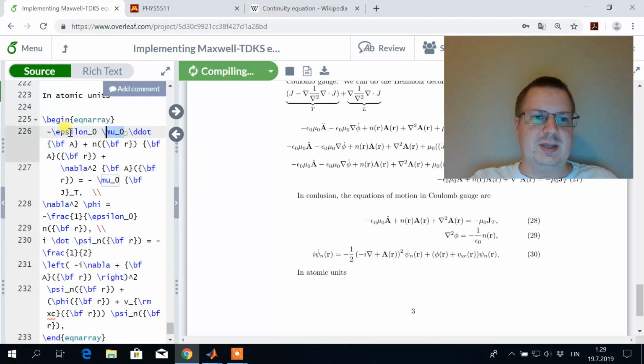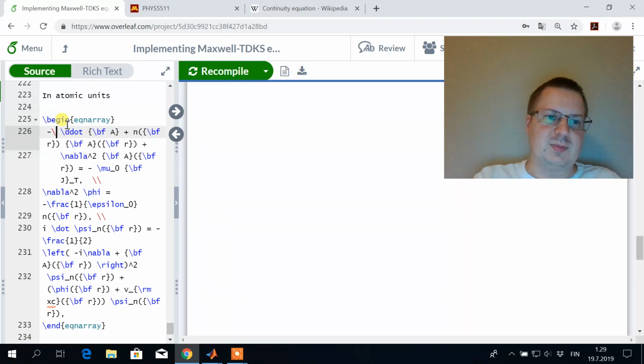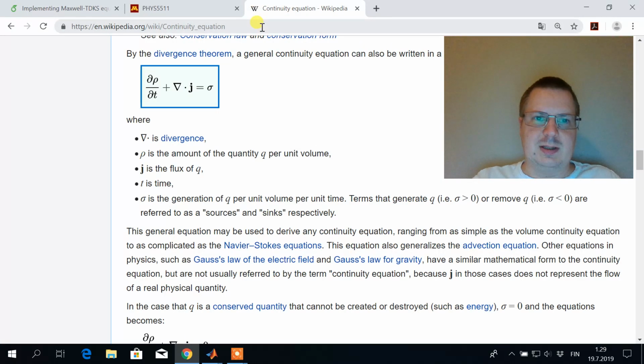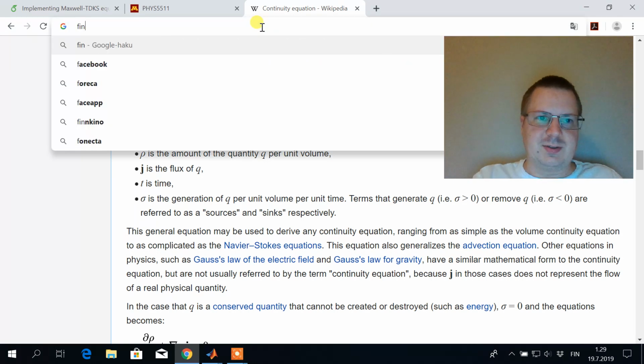So this is 1 over speed of light, and speed of light is 137, so it's 1 over the fine structure constant.